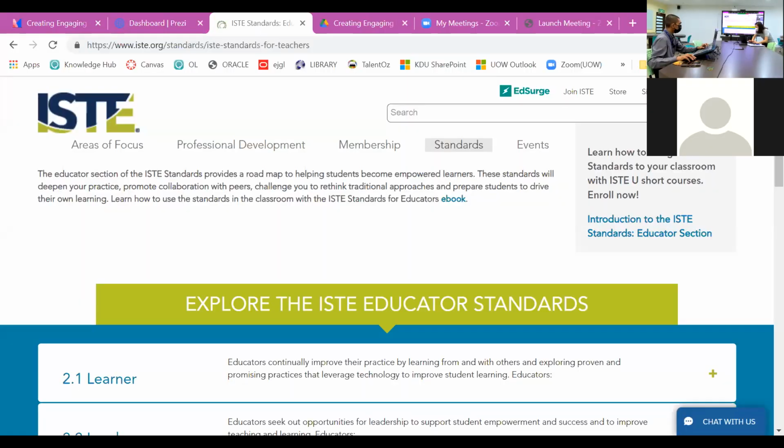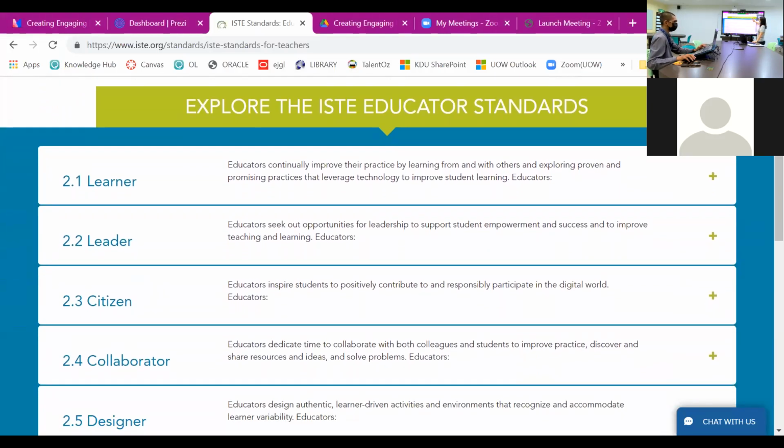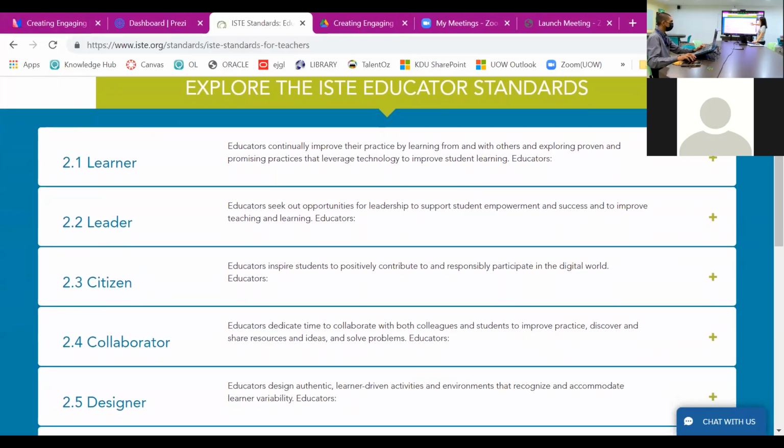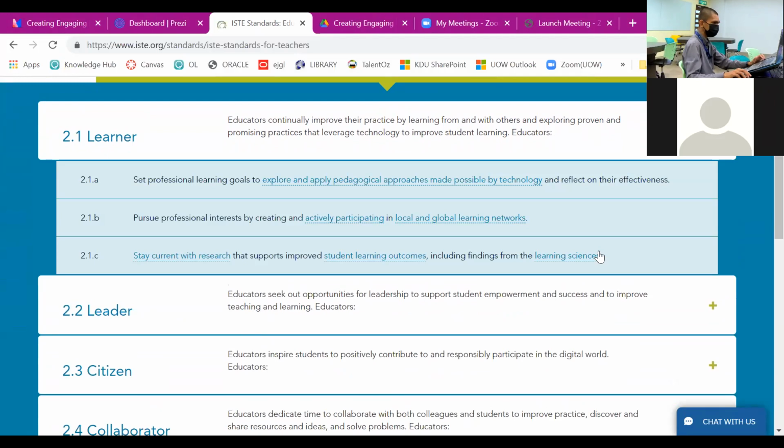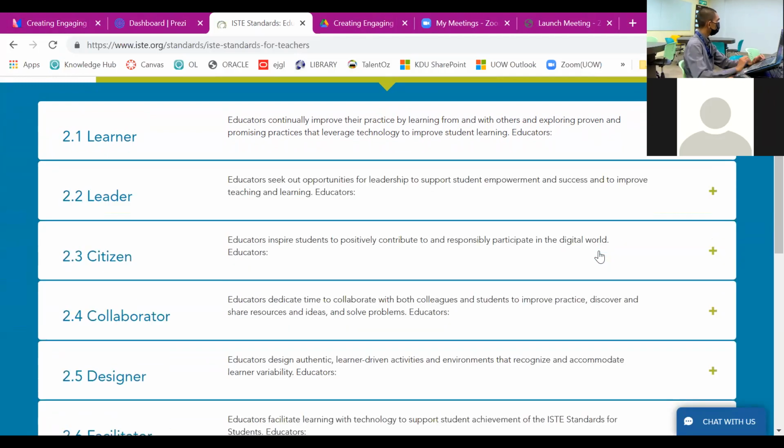Right, we will take you to this page here. So I'd like you to read the standards for educator. Okay, so for each one you will have this plus sign here.